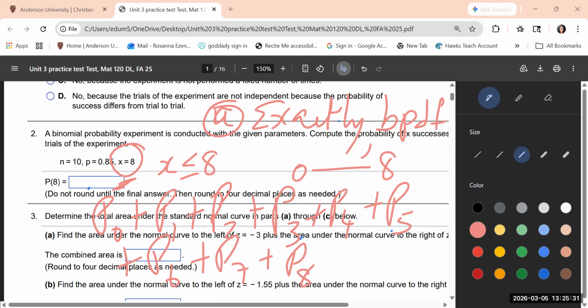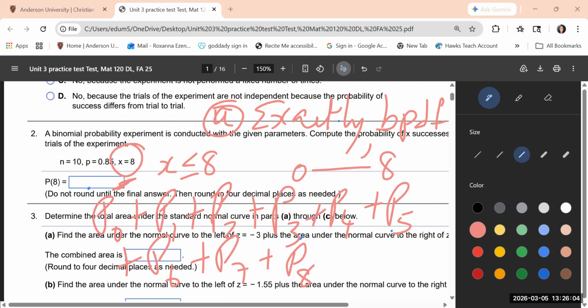So for me to find the area between, from here to here, area from here to the end, I have to find at most 8 minus 4. At most 8 starts from here and goes to the end.